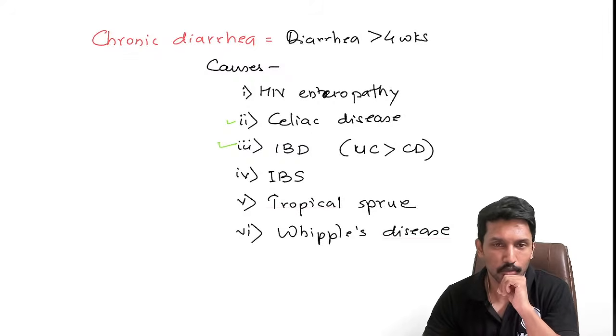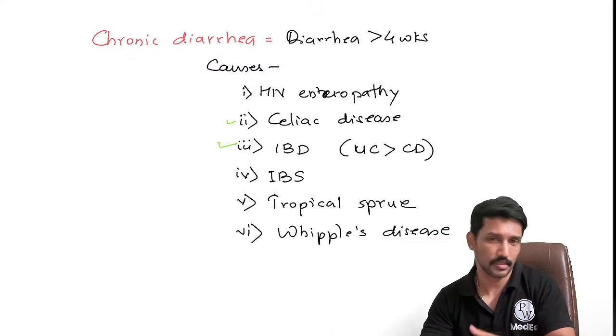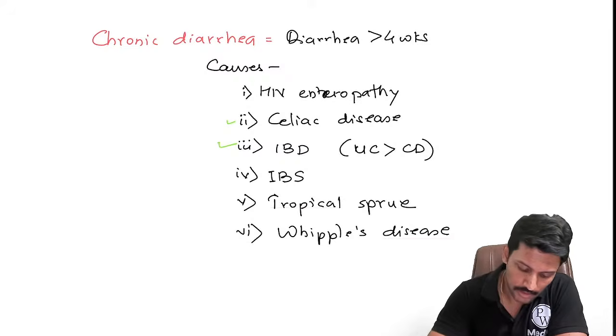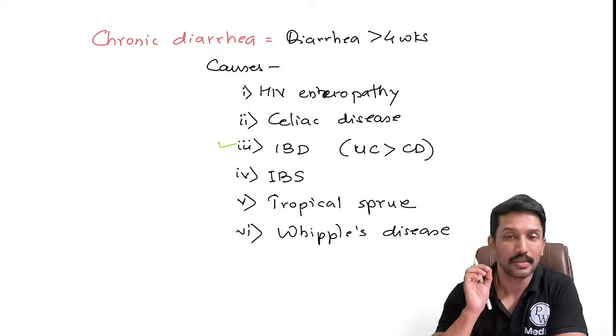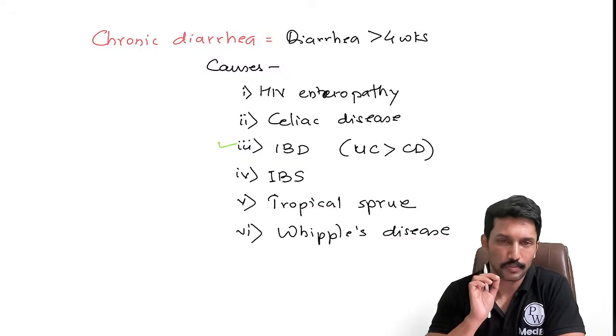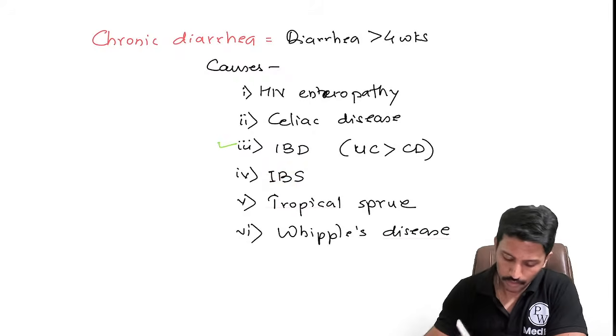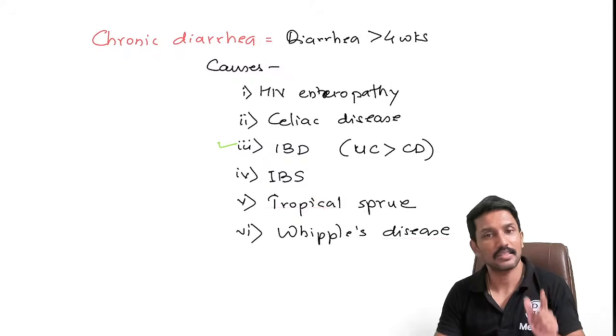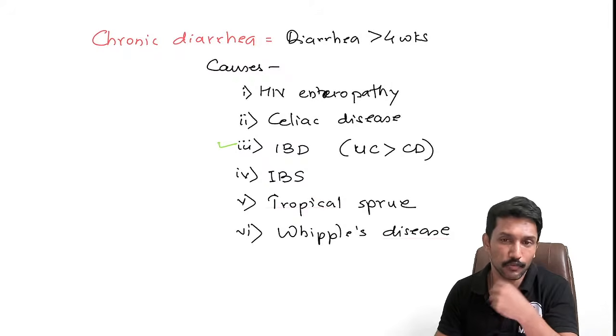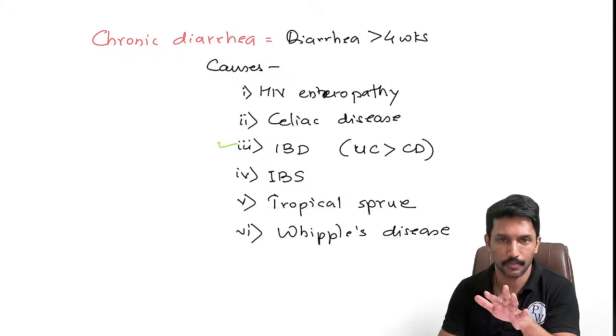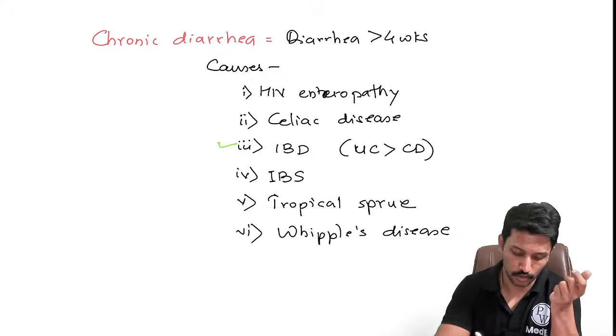Three standard histopathological findings. But are they specific to celiac disease? No. So celiac disease cannot be diagnosed on intestinal biopsy. IBS, no histopathological changes. Tropical sprue, same changes as celiac disease.